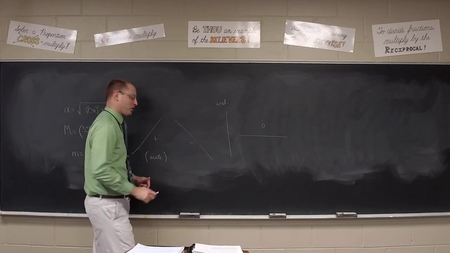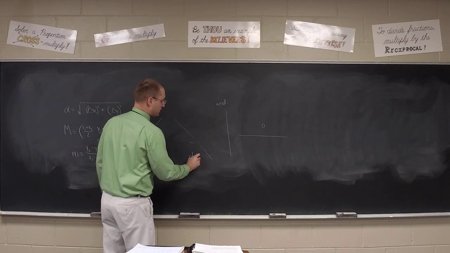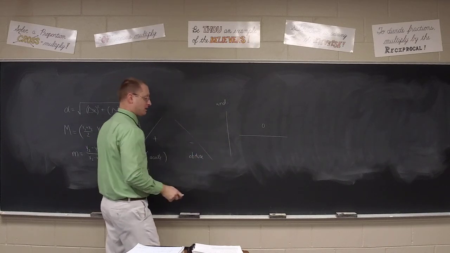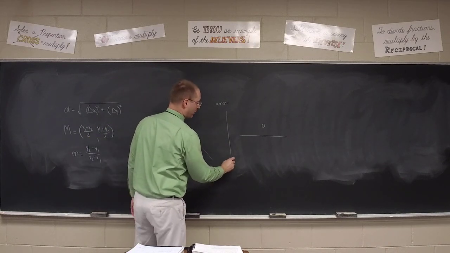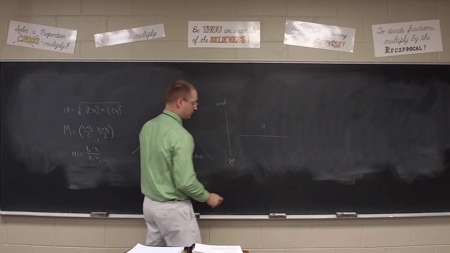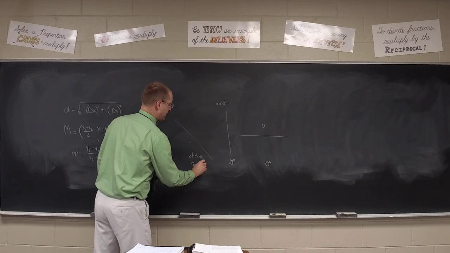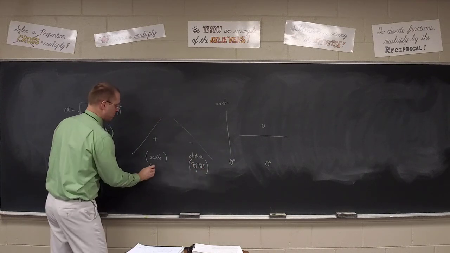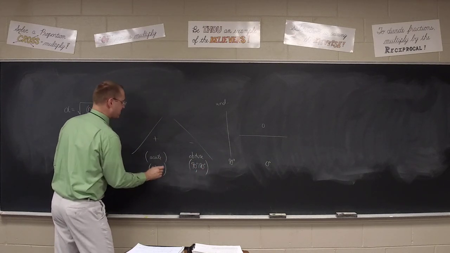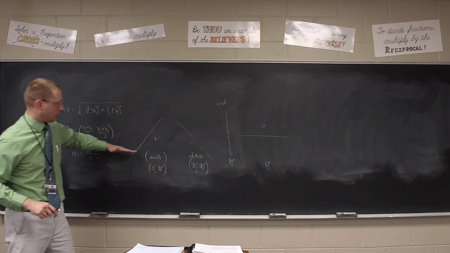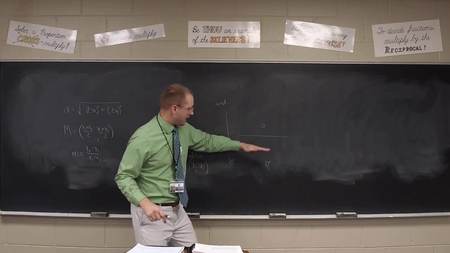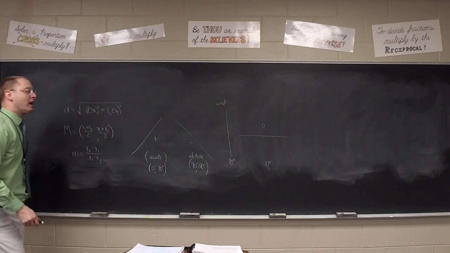All of your negative slopes, obtuse; undefined, right angle, or 90 degrees; and then 0 degree angle. So again, obtuse would be 90 to 180, and acute would be 0 to 90. So what do we call this angle that a line would make with the positive x-axis? Angle of inclination.